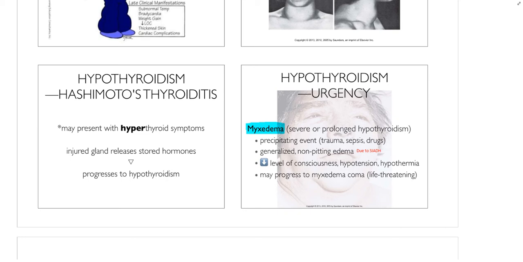And that's going to tell your body to withhold water, don't urinate it out, and we're going to accumulate this non-pitting edema throughout the body. All this is going to lead to a decrease in level of consciousness because we're talking about super low levels of T3, T4, hypotension, hypothermia, and then may lead to myxedema coma, which is life-threatening.